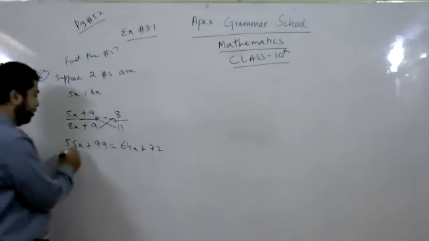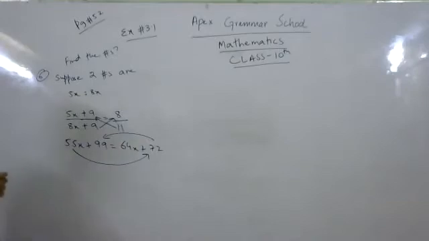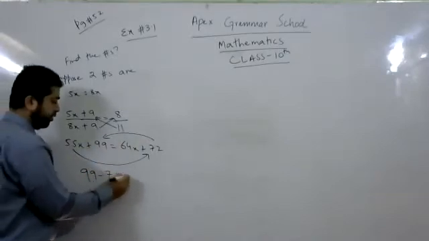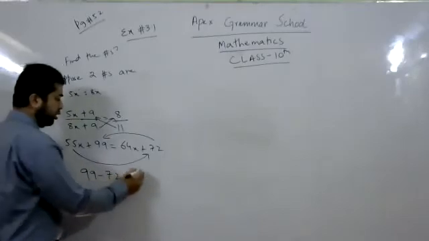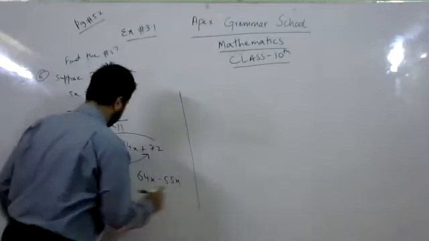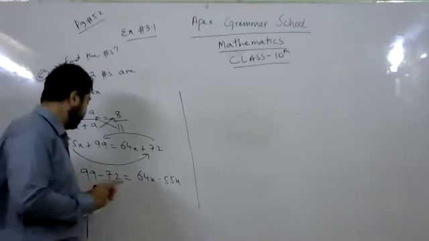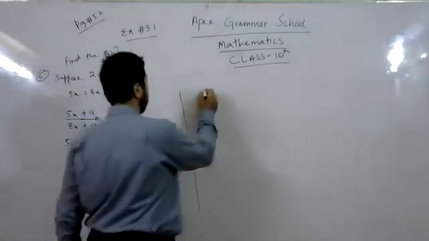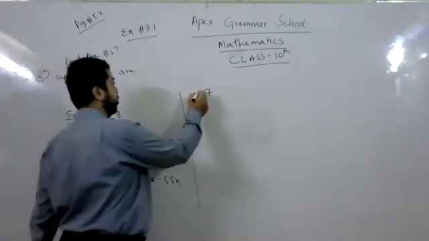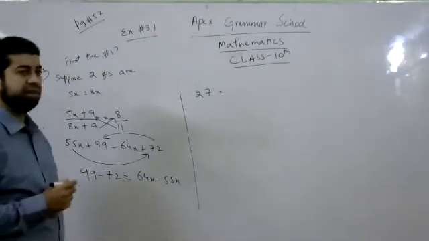Now 55x will go to the other side and 72 will go to the other side. So 99 minus 72 is equal to 64x minus 55x. After subtracting, 99 minus 72 is 27, and 64x minus 55x is 9x.